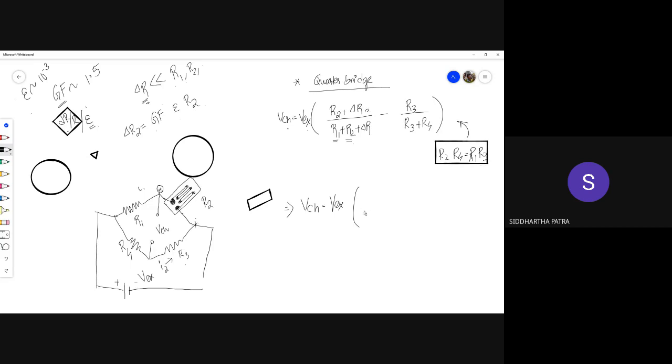So let's see what sort of expressions we get. You see, in the denominator, R1 and R2 are going to remain in their position.